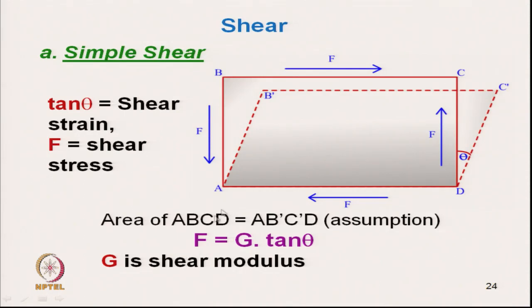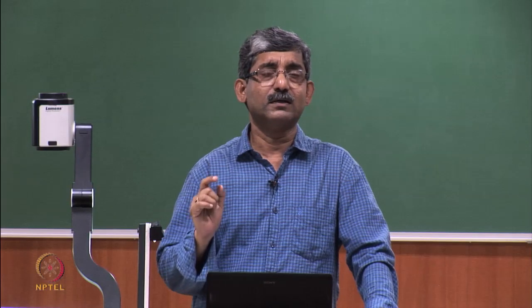The assumption here is that the initial area of the rectangular material is the same after deformation. Here G is the shear modulus, which we calculate as the ratio of shear stress and shear strain. G is nothing but the ratio of F by tan theta.